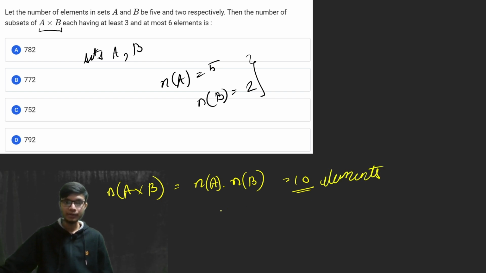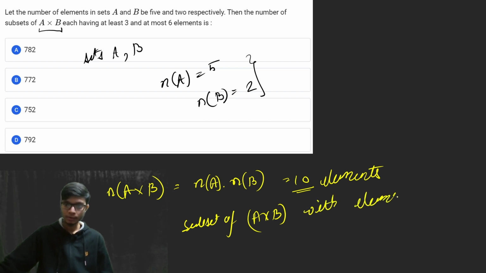Now you have to choose the subsets of A cross B with the number of elements greater than or equal to 3, but also less than or equal to 6.